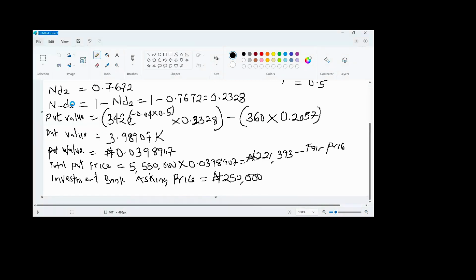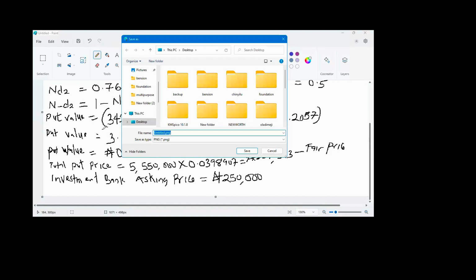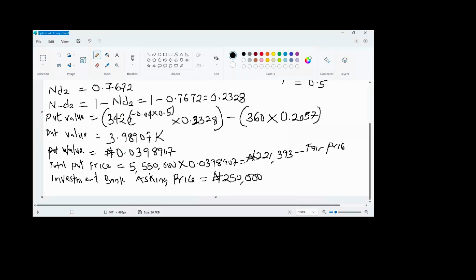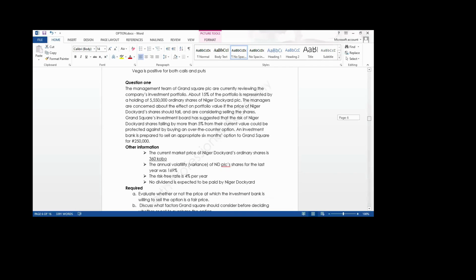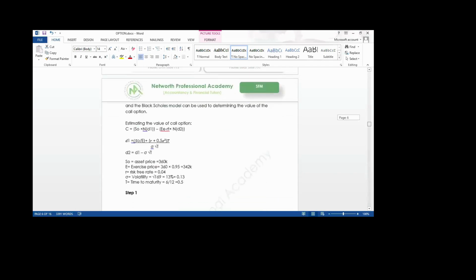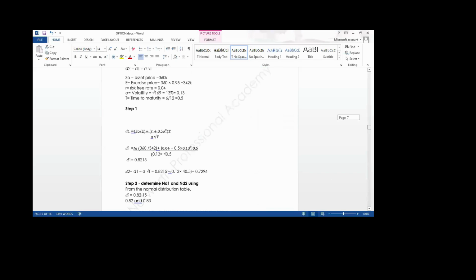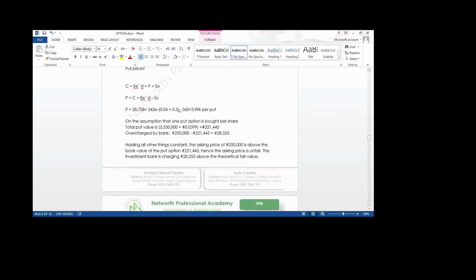Let me save this. Option working 3. In case you are checking, let's go back to the material. Look at the comments. It's just rounding off effects.